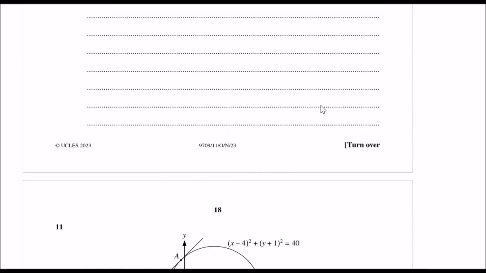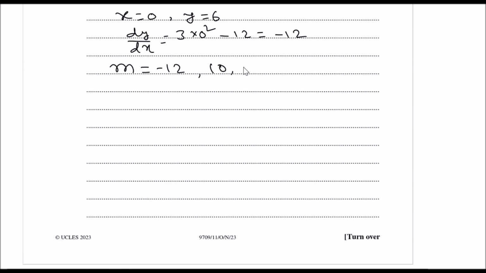Yeah, the point is 0, 6. Gradient given, 1 point given, then we can find the equation using the formula y minus y1, y1 is 6, m minus 12 into x minus x1, that is 0. So y minus 6 equal to minus 12 times x.